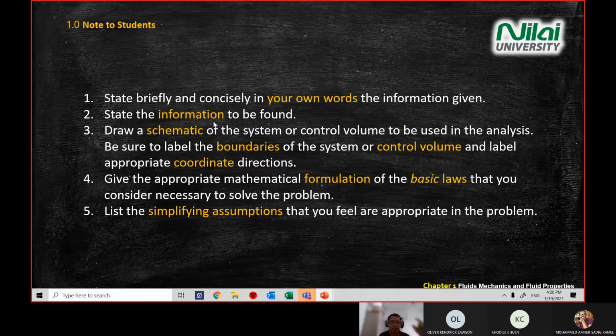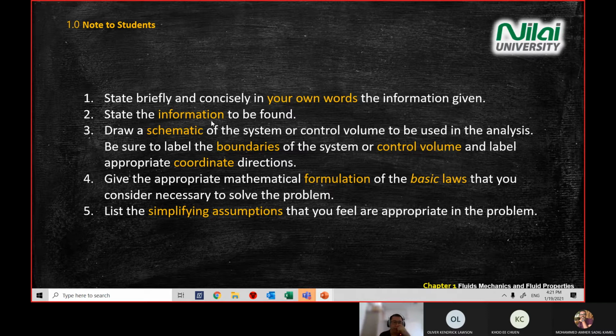Means you read, for example, question 1, try to understand what we're trying to ask you, and before you answer anything, write down the important parameters that are given. For example, temperature, velocity, right?